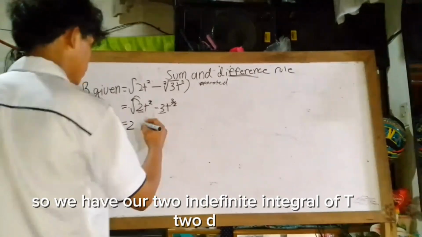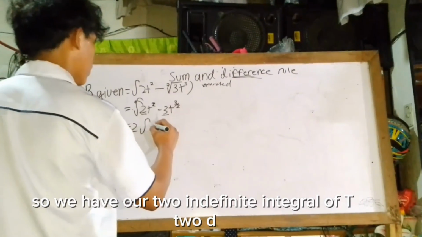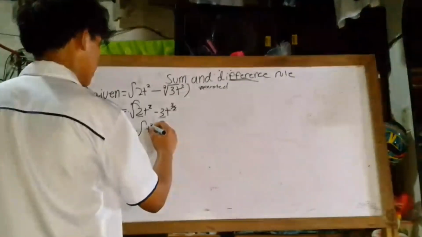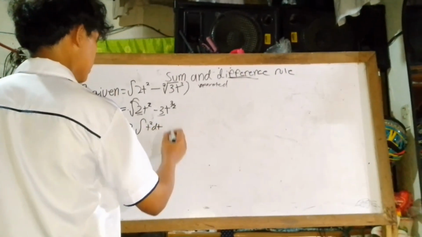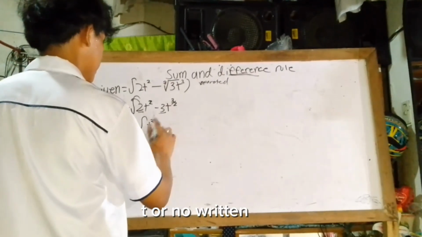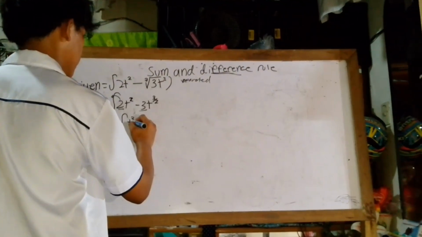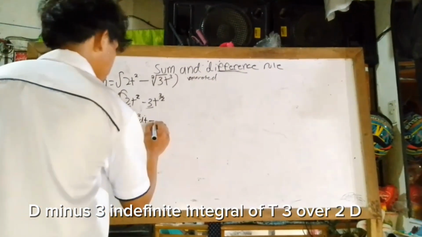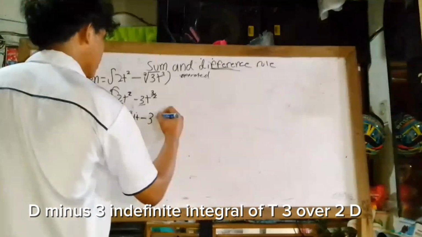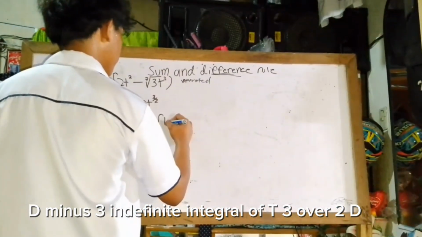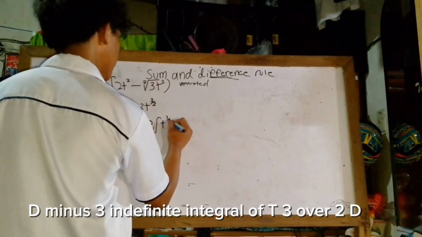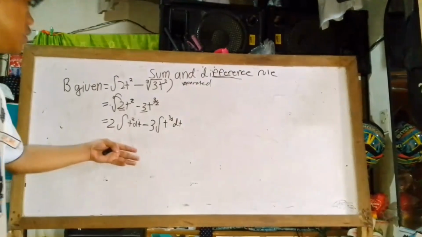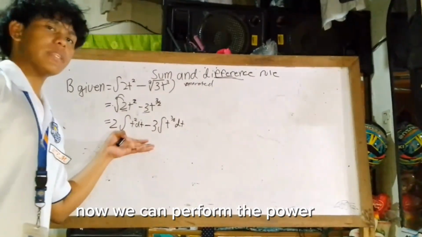So we have here 2 indefinite integral of t^2 dt minus 3 indefinite integral of t^(3/2) dt. Now we can perform the power rule.